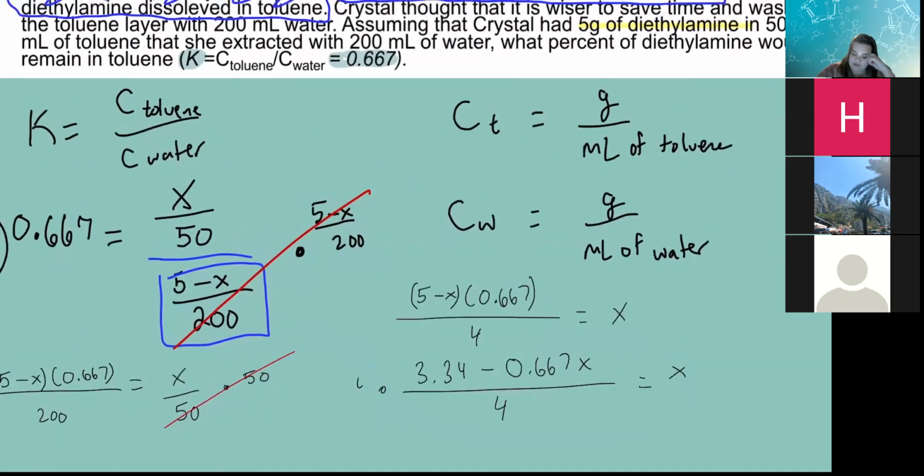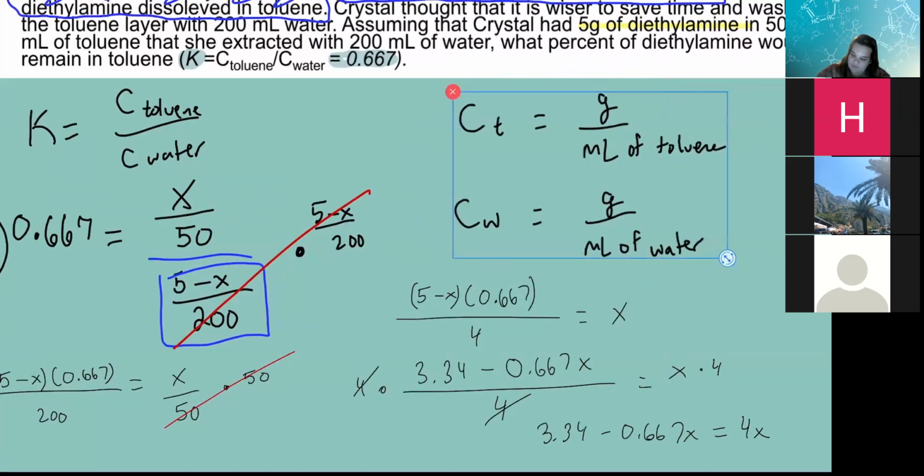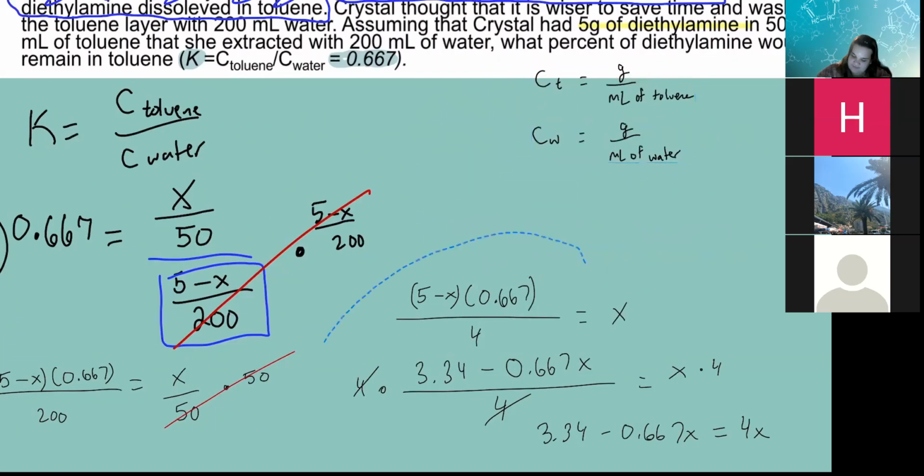Then you multiply 4 to both sides. So then 3.34 minus 0.667x is equal to 4x. You add 0.667 to the other side.